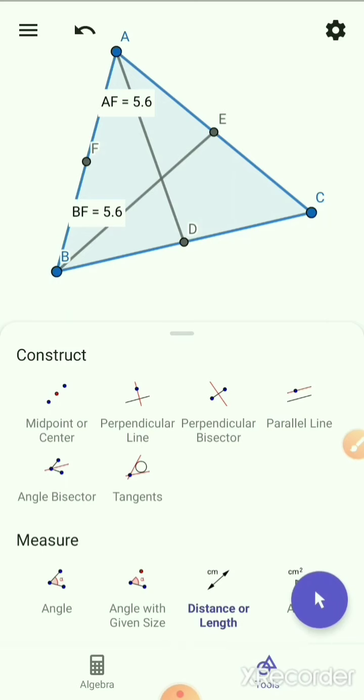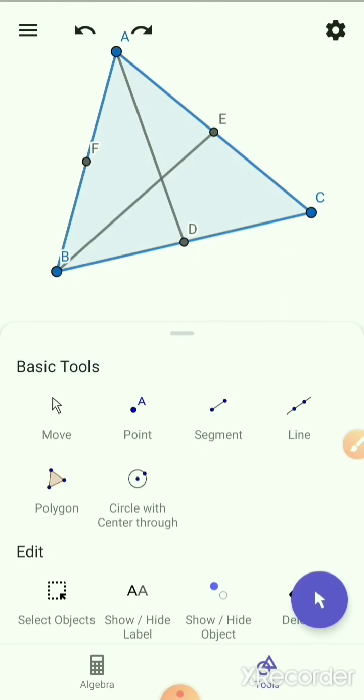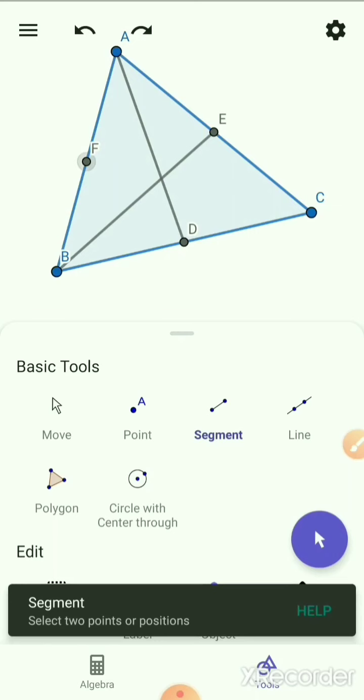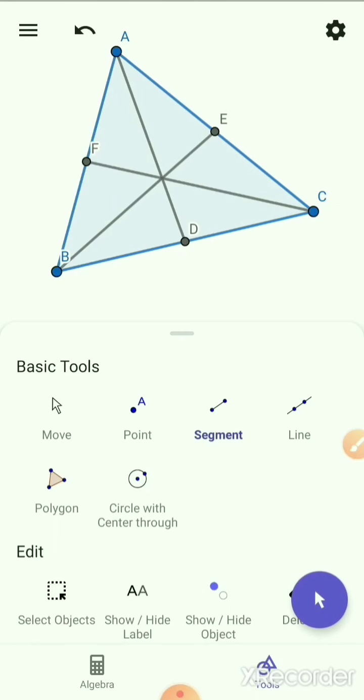It is again 5.6. It means the distance from F to the right and to the left is the same. So F is the midpoint of AB. If I join this midpoint with the opposite vertex C, we get the segment FC. So I can say FC or CF is the median of side AB.